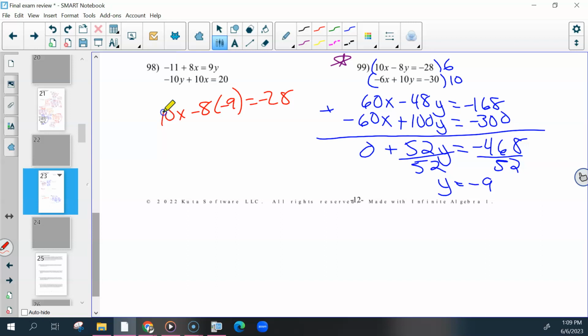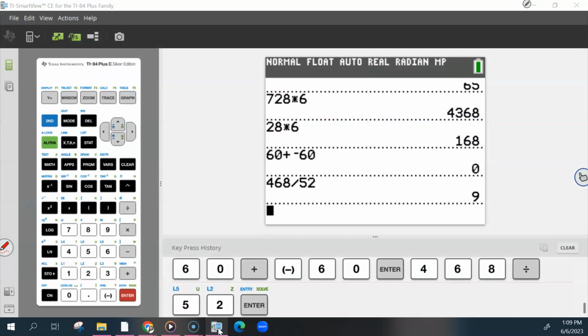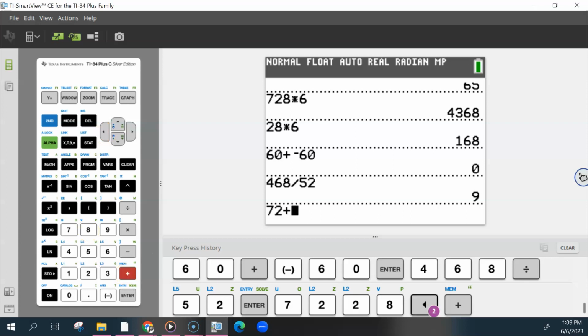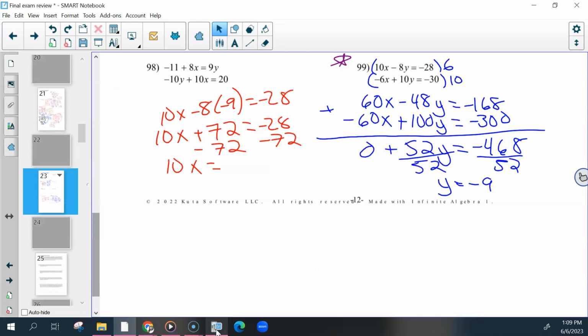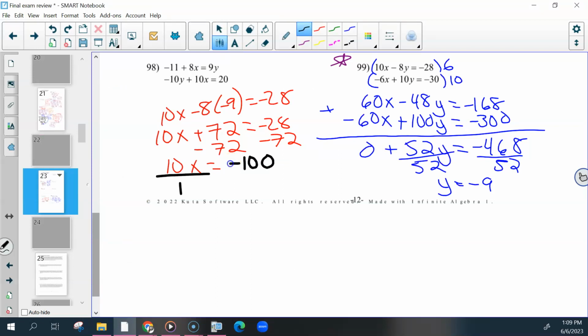You should still get the same answer. Divide both sides by 10, and x is negative 1. So our ordered pair would be negative 1, negative 9.